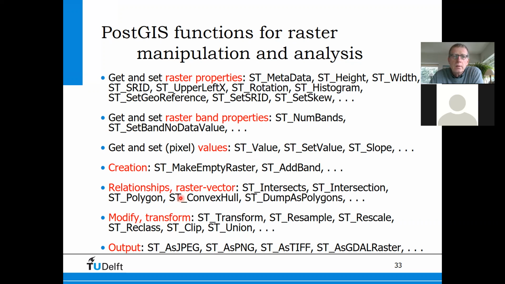More functions to do spatial analysis, in the sense of intersect or intersection computation. So intersect gives a Boolean true or false, and intersection gives you the intersecting geometry. Converting to a polygon, or compute the convex hull of a set of raster objects.